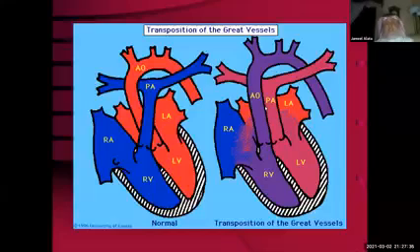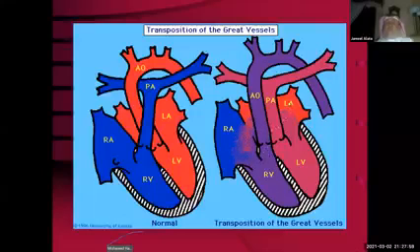We can see right away that the systemic venous blood is coming from the body to the right ventricle and back to the aorta, and it goes to the body and comes back to the right atrium, to the RV, aorta, body, and so on.